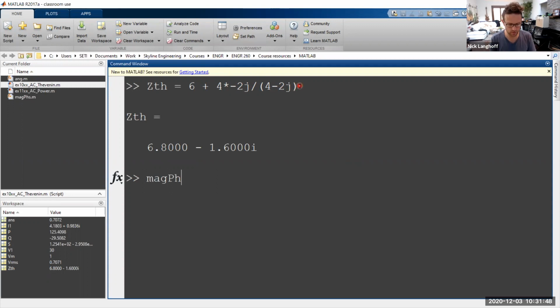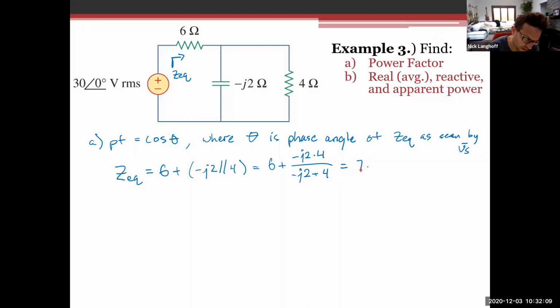And if you use those functions that I've been recommending that are posted on the Canvas page, if you look at the mag phase of Z Thevenin, remember that's a function that we've added into our library, magphase.m, this will convert it into magnitude and phase form. So it's about 7 at a phase angle of negative 13.24.